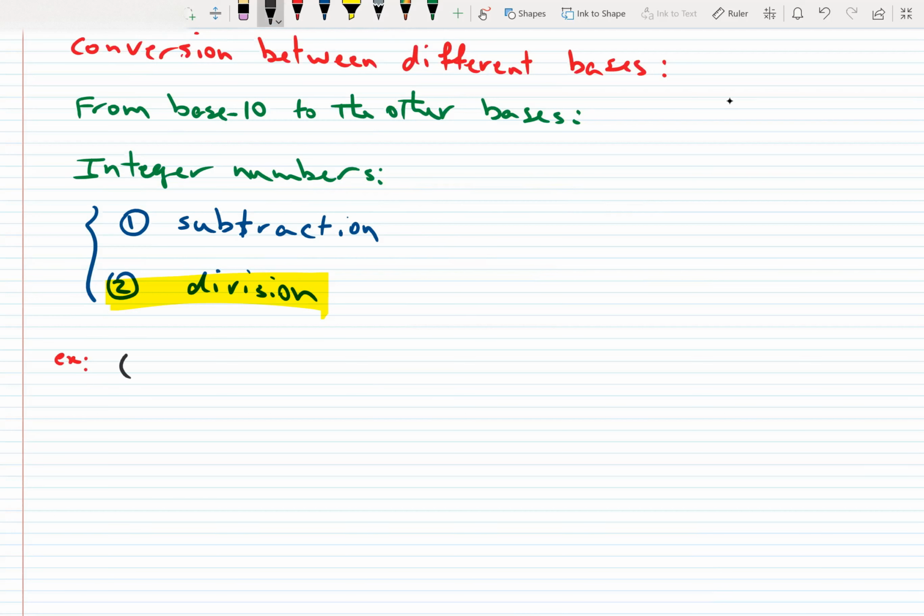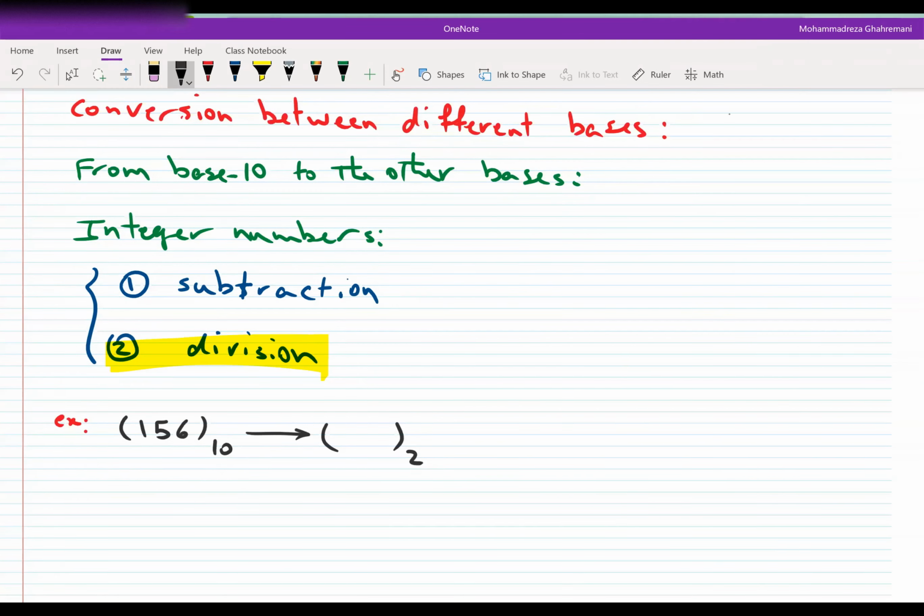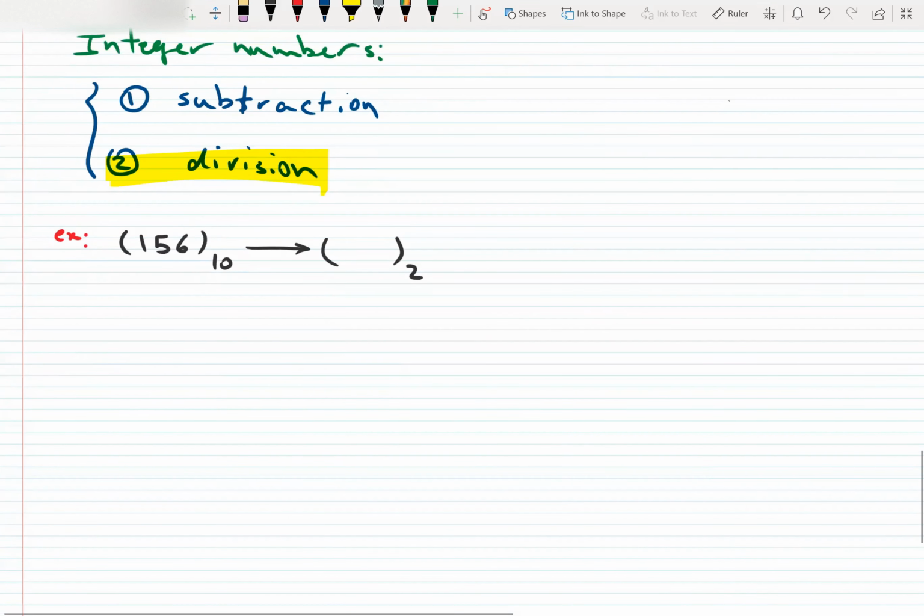We want to convert 156 from base 10 to base 2. How we can do this? By dividing 156 by 2.